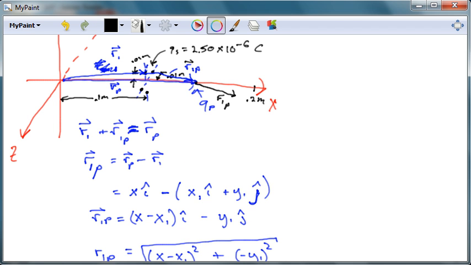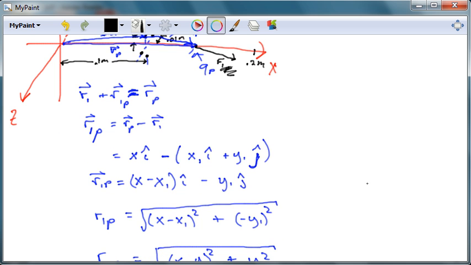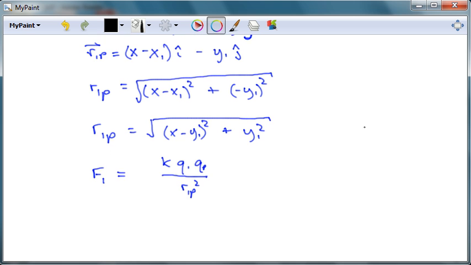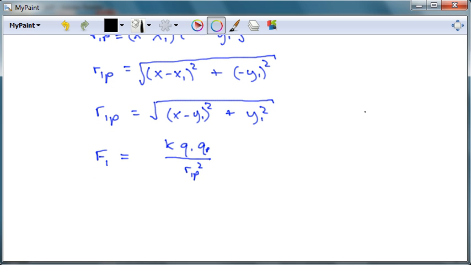It's the force of particle 1 on P. They're all on particle P, so I won't use that other subscript, so just F1. And the F1 vector, any vector, is equal to its magnitude, so that's this thing right here, times a unit vector in its direction.